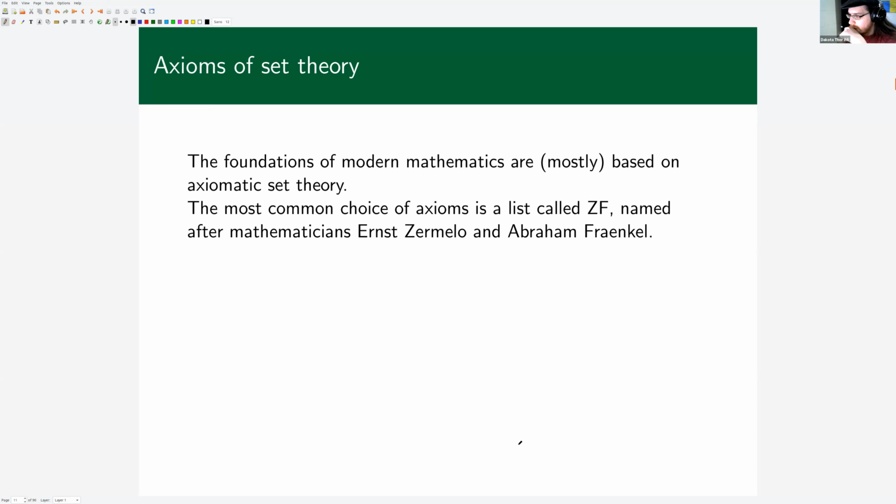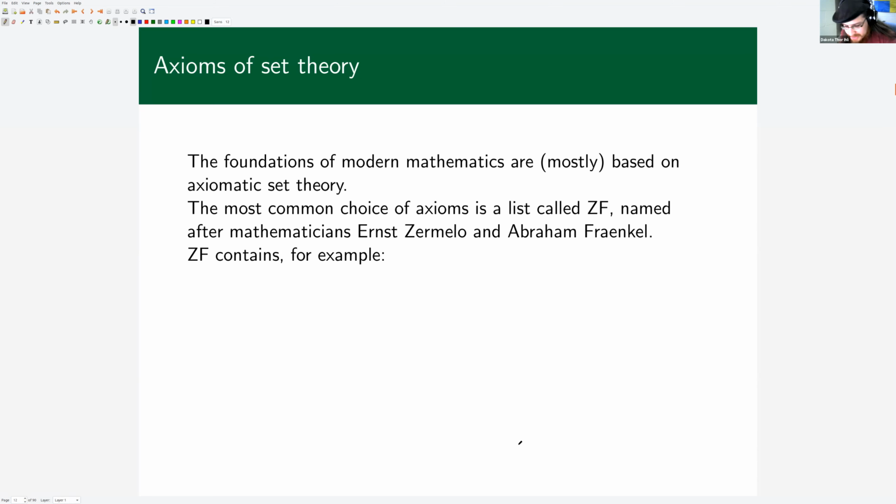I won't give you the entire list, even though I probably could, because it only contains 8 things on the list. It's actually an infinite list of axioms, but it's 6 axioms and then 2 infinite lists. And in each of the lists, all the axioms are basically of the same form. So it's really only 8 items on the list.